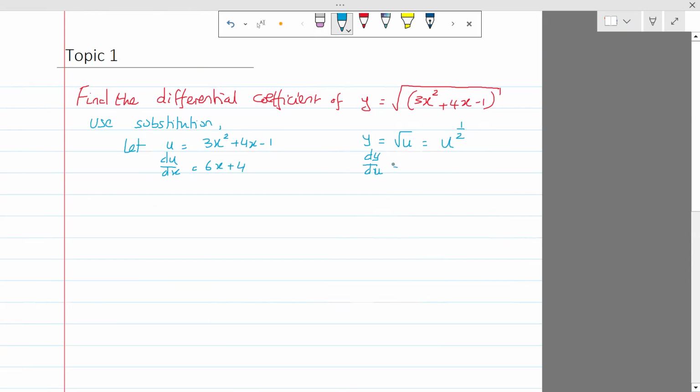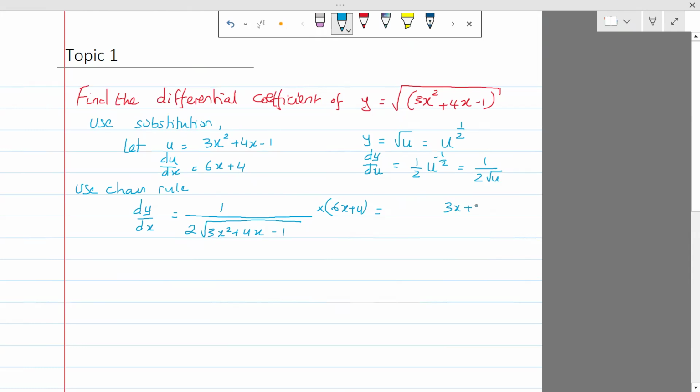What is dy by du? I bring the half in the front, 1 over 2 square root u. Then you use the chain rule, dy by dx becomes dy by du, 1 over 2 square root of u, where u is 3x squared plus 4x minus 1, multiplied by du by dx, which is 6x plus 4. You can further simplify this because you can take 2 outside. This becomes 3x plus 2, and this 2 outside is going to cancel with 2 in the denominator, leaving the answer as follows.